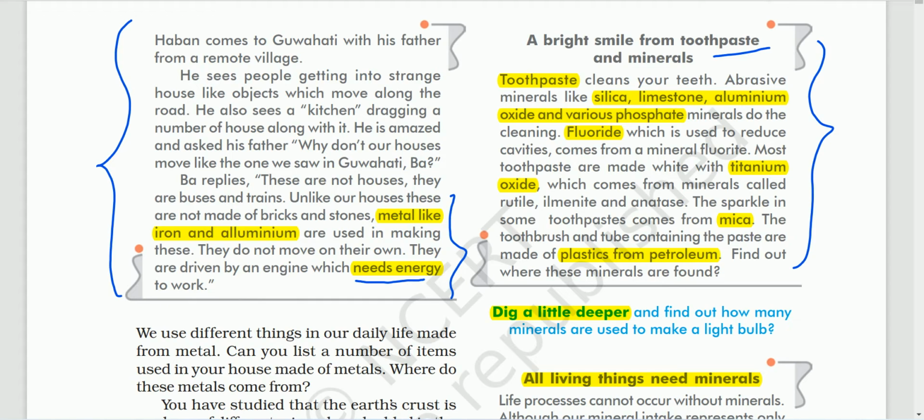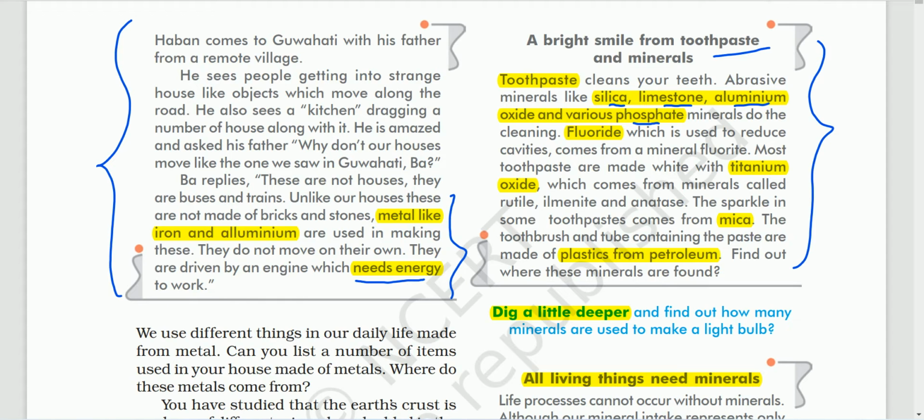Toothpaste cleans your teeth. We know that abrasive minerals like silica, then limestone, aluminum oxide, and various phosphate minerals do cleaning. That means all these minerals are used in making toothpaste, because it cleans our teeth.